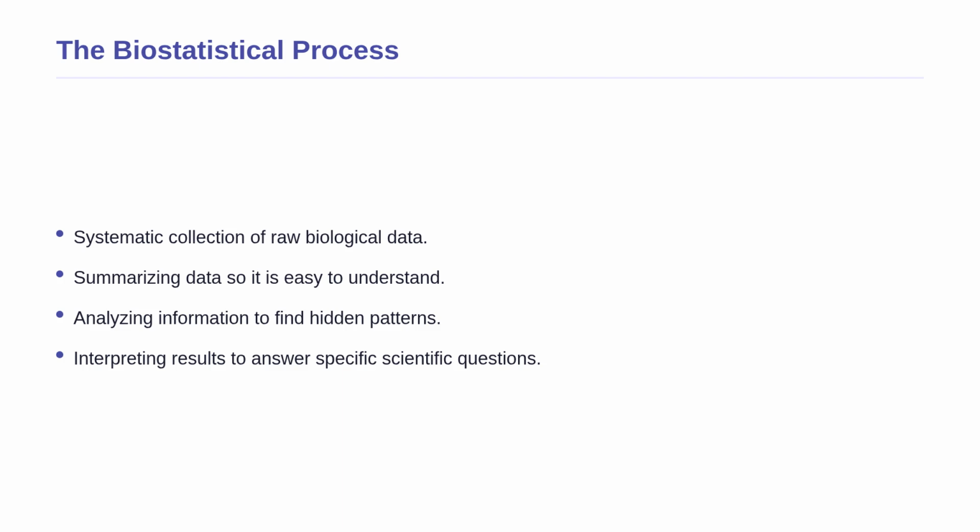Third, we analyze it to find hidden patterns that are not visible to the naked eye. Finally, we interpret the results to answer a specific scientific question. Whenever you hear about a clinical trial or an epidemiological study, you are looking at these exact 4 steps of biostatistics in action.